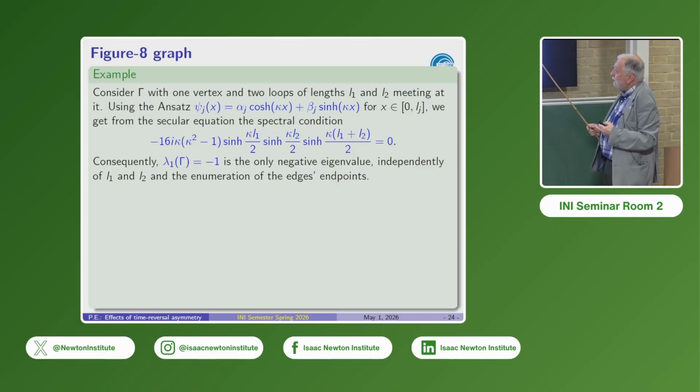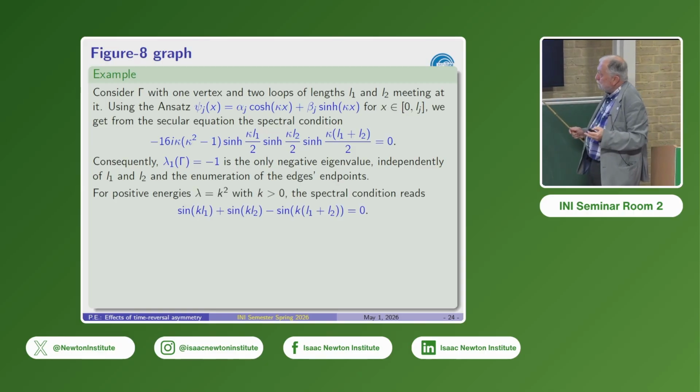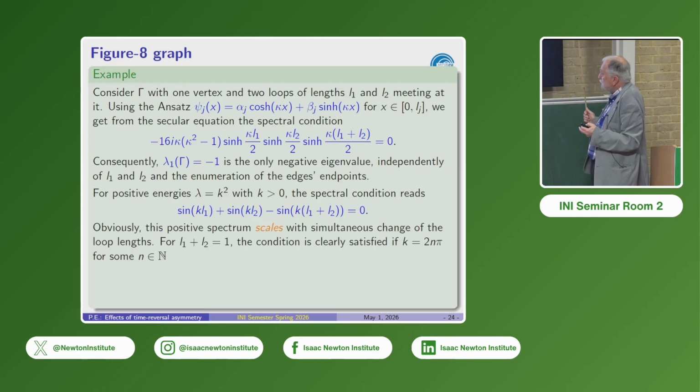So that's what I said. For the positive energies, you have the same thing. Now the condition would be like that. This factor would be non-zero, but the counterpart of this one is this, and this of course has solutions, and you also see that the eigenvalues scale with a simultaneous change of the lengths.